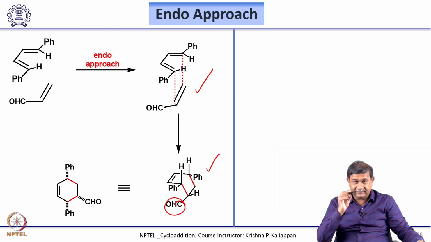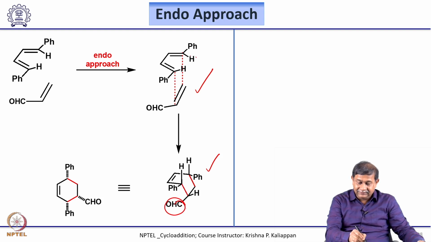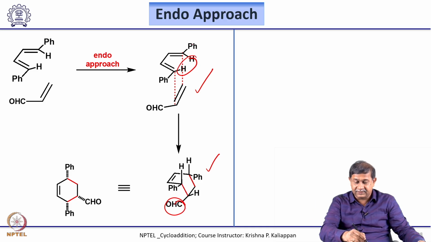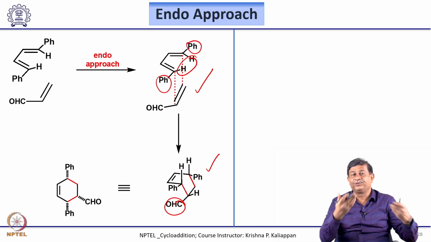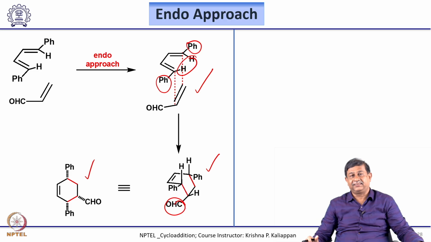And as I said, when the dienophile approaches the diene, these substituents, that is the hydrogens, will be pushed up. When it is pushed up, it is beta. The hydrogen will be beta. That means the other substituent on the terminal carbon, that is the phenyl group, will go to alpha. So that is how you get this structure.